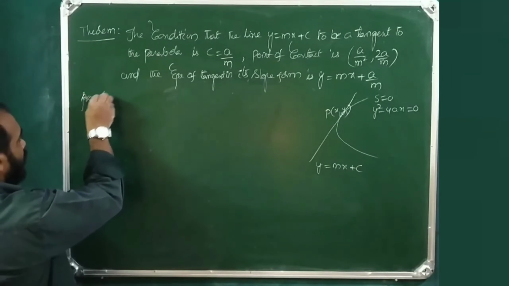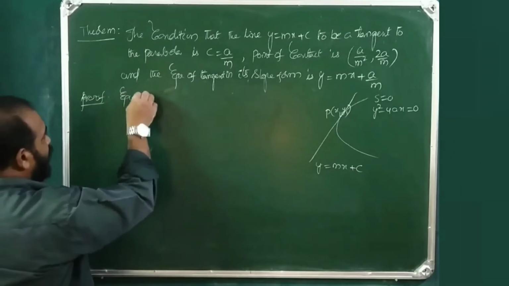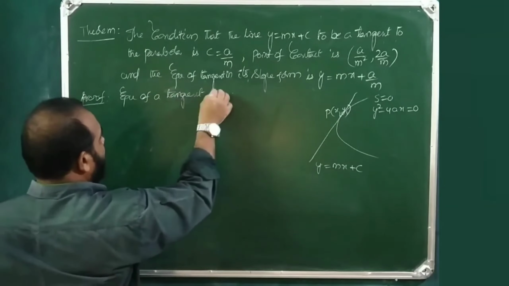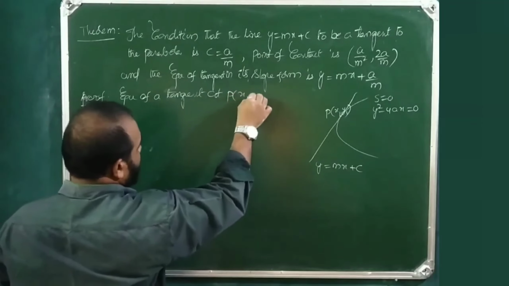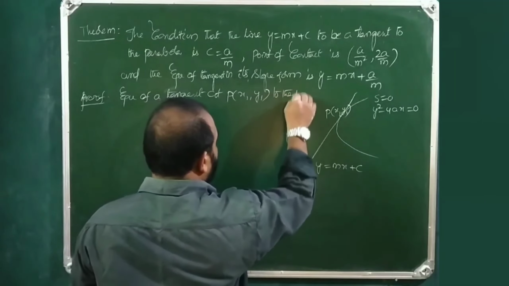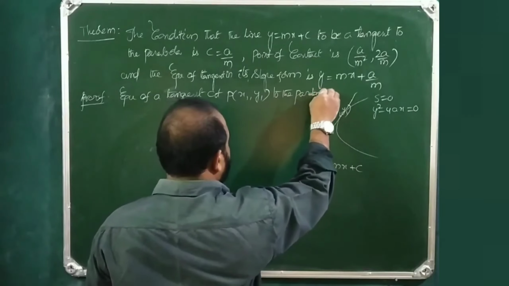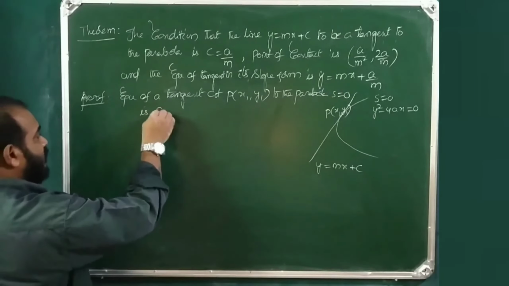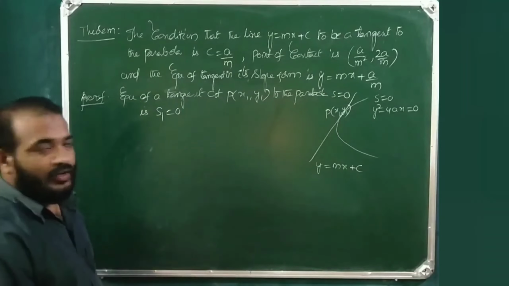Proof. What is the equation of the tangent at P(x1, y1) to the parabola S equals 0? That is S1 equals 0, which we have proved also.